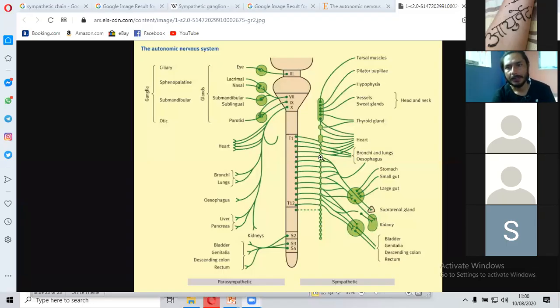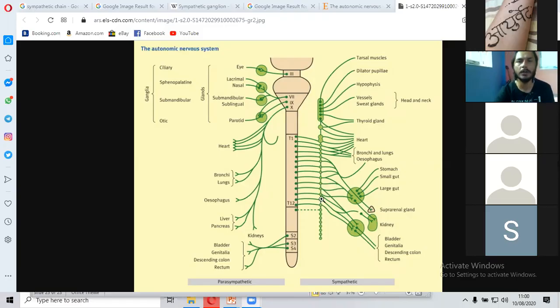Now see, after forming this sympathetic chain, they will give out sympathetic fibers for the viscera. In the abdominal region, they will give a bundle of nerves. They are the greater splanchnic and the lesser splanchnic nerves.